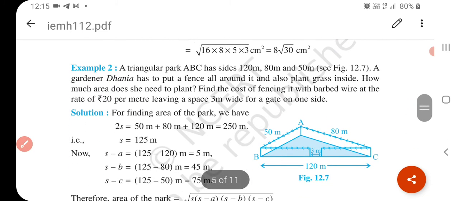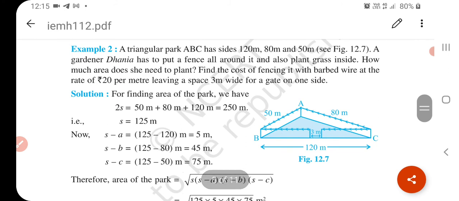Understand? Now, a triangular park ABC has sides 120 meter, 80 meter and 50 meter. A gardener, Dhania, has to put a fence all around it and also plant grass inside.